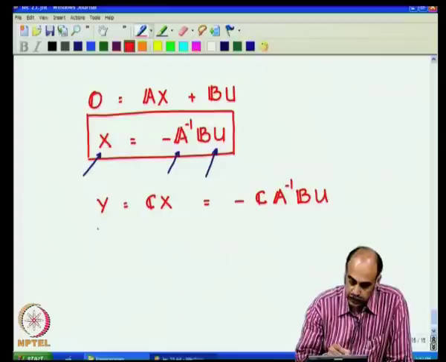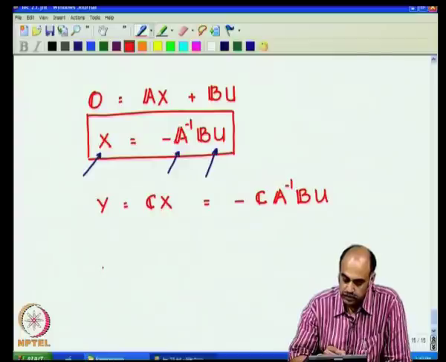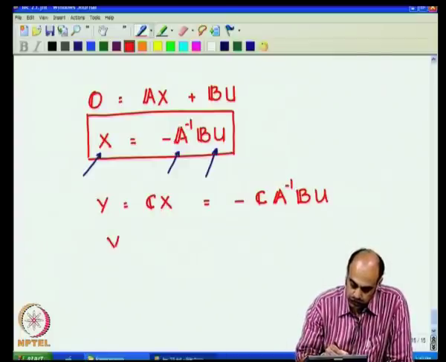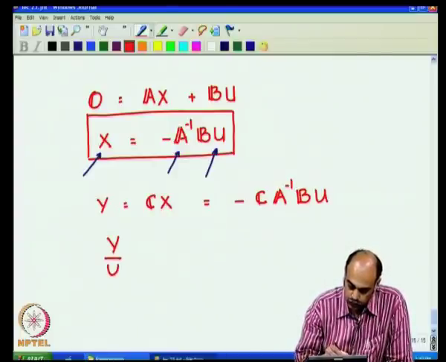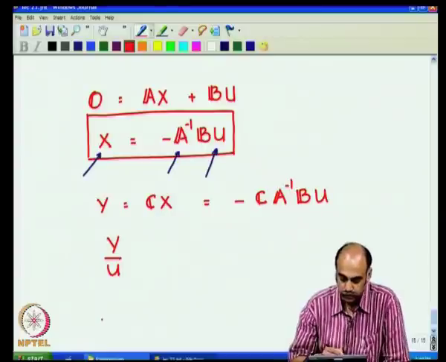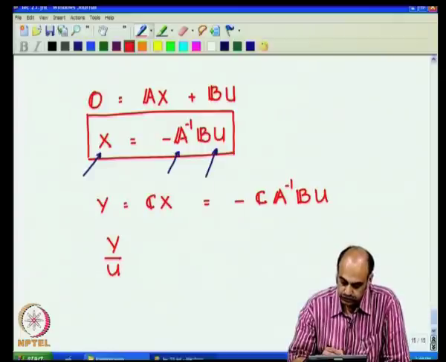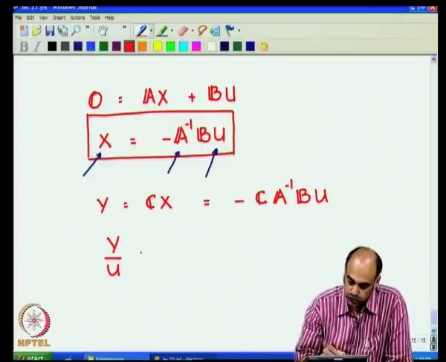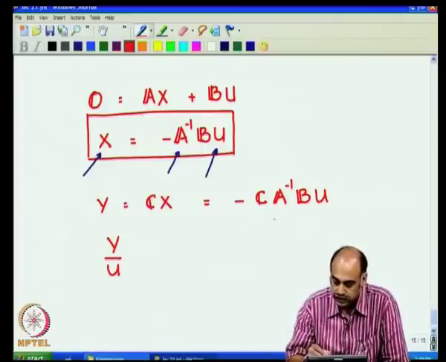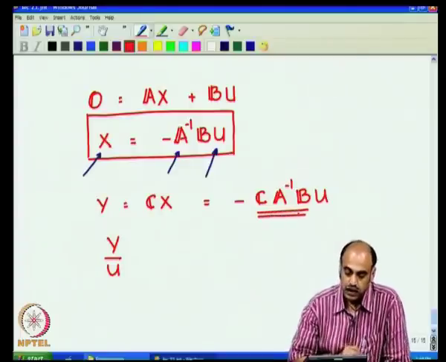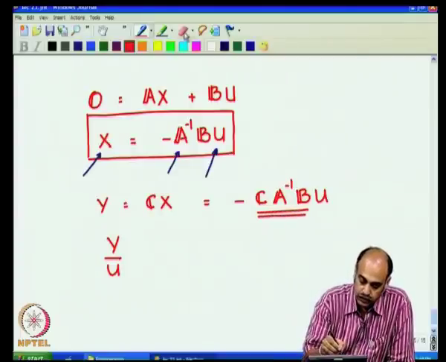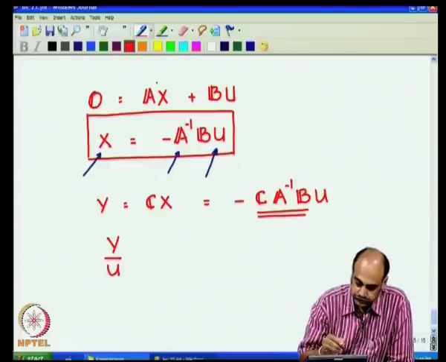So, if you want to get the transfer relationship between any two variables, you have y by u. If it were all single variables, y by u would give you the transfer relationship, and that is equal to C A inverse B. However, in the matrix form we do not write it in that fashion.